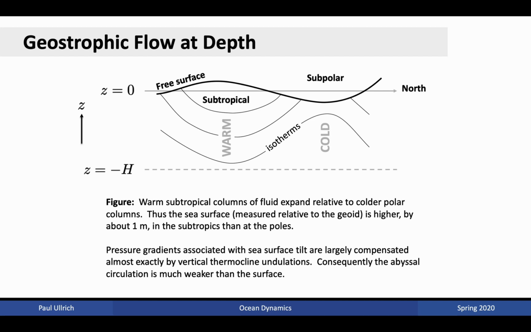The pressure gradients that are associated with this free surface height are then largely able to compensate for variations in temperature that occur at depth. Consequently, the abyssal circulation ends up being much weaker because of the compensating influence of the thermal variations and the free surface height in the ocean.